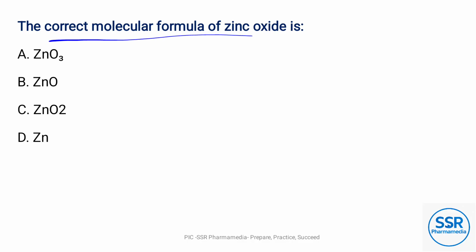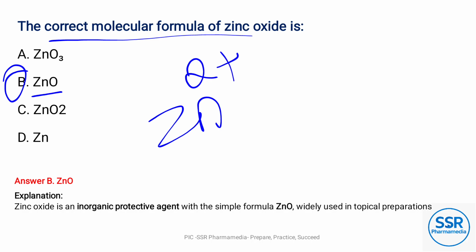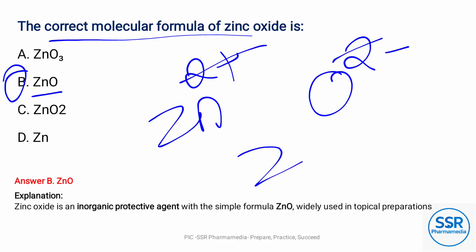The molecular formula of zinc oxide is, option B, ZnO. Zn is the divalent ion 2 plus, oxygen is 2 minus, so the charges cancel. So ZnO is the molecular formula for zinc oxide.